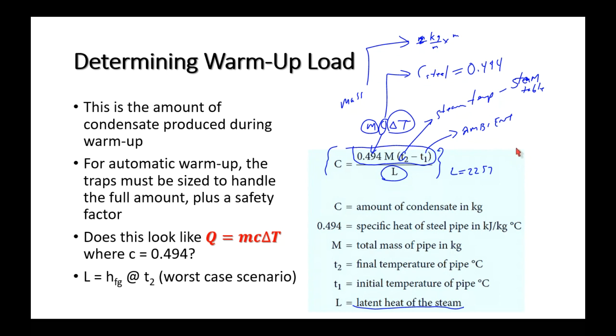It's 2257. Well, if we use 2257, it's accurate when we are first starting to heat up the pipe, but we end up with a fairly small value for C when we're actually up to pressure.